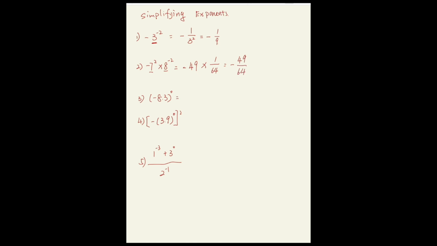49/64. Number 3: for this one the exponent is 0, and any number or expression raised to the power of 0 is always equal to 1. For example, x to the power of 0 can be rewritten as x to the power of 1 divided by x to the power of 1, which is x to the power of 1 minus 1, equals x to the power of 0.